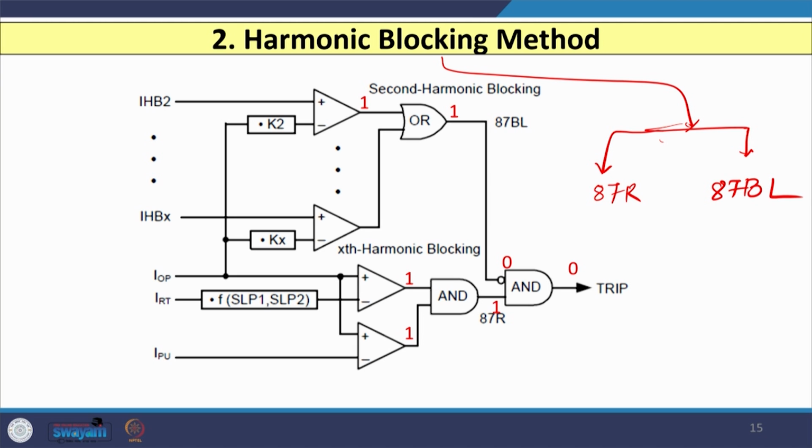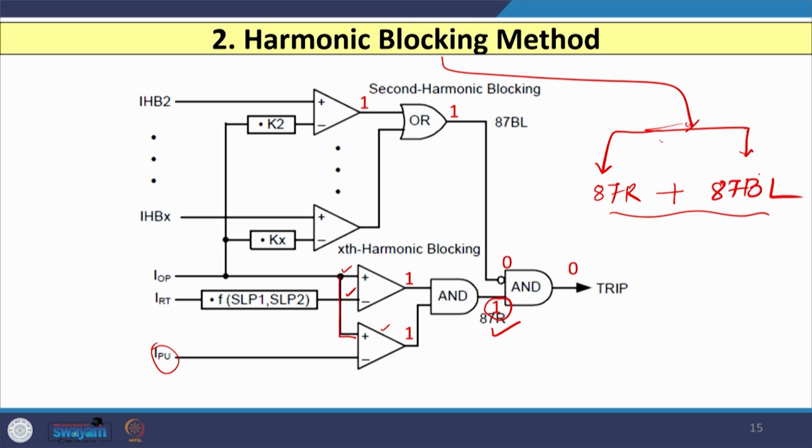What is 87R? 87R is nothing but our conventional two operational amplifiers where the operating current is compared with the restraining current multiplied with slope values, and in the second one the operating current is again compared with the IPU setting, and with AND logic you will have the value 1 if it is an internal fault. Even for some non-internal fault conditions like inrush, you will have this value.